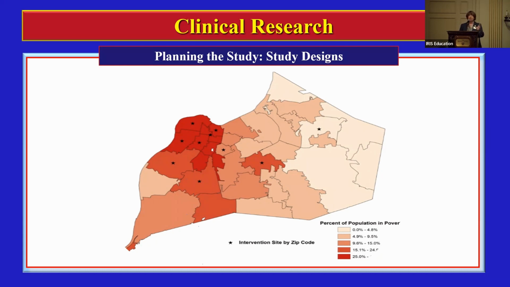So although this graphic uses hues and shades of orange as opposed to brown, you can still see that we have areas that are experiencing poverty, living in poverty. We have some distinct areas where we have not had immunization interventions. So this may help us then think if we are going to improve immunization.